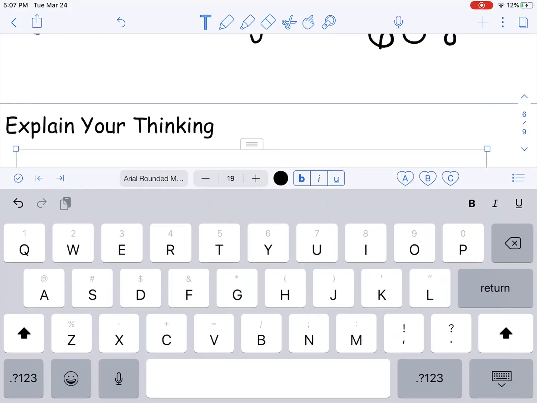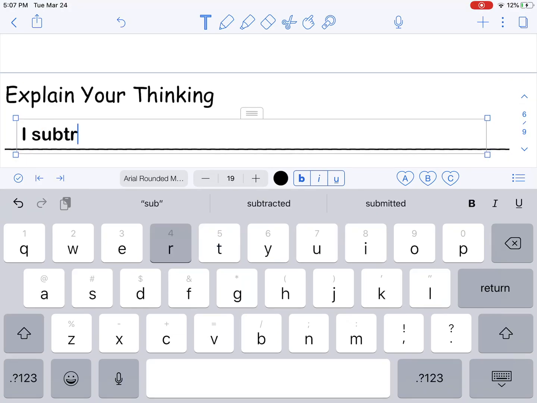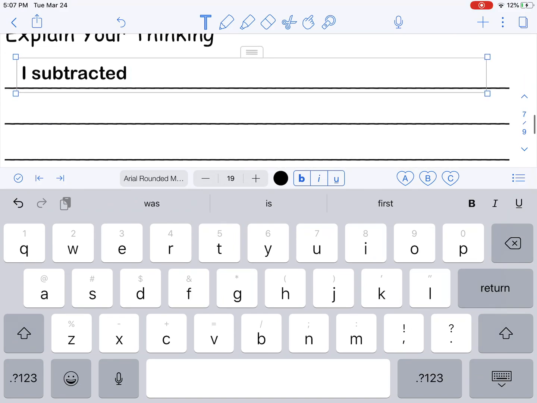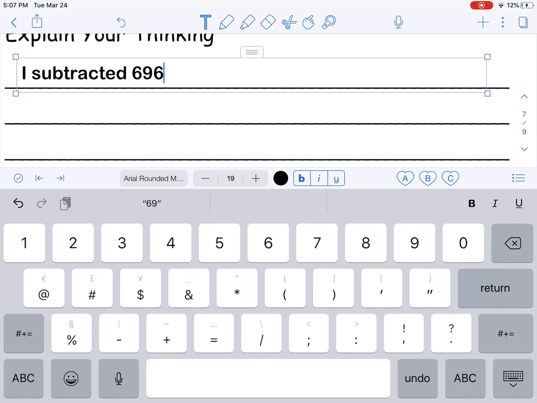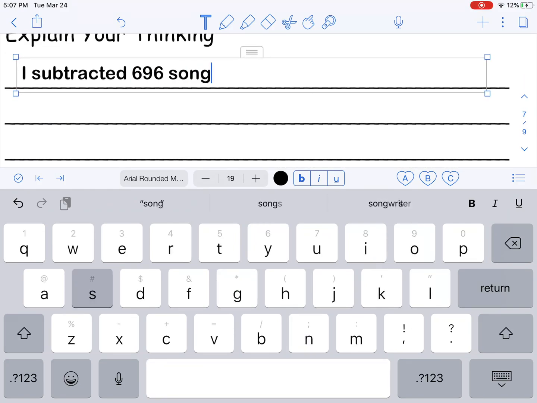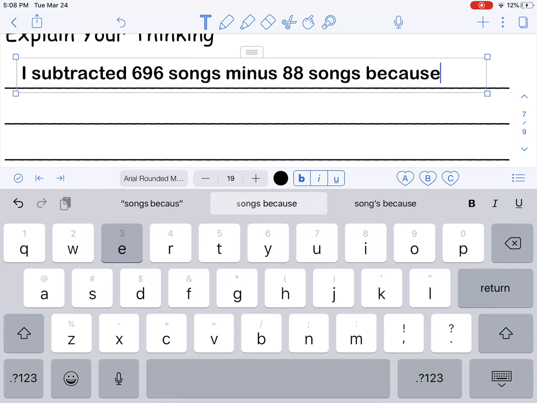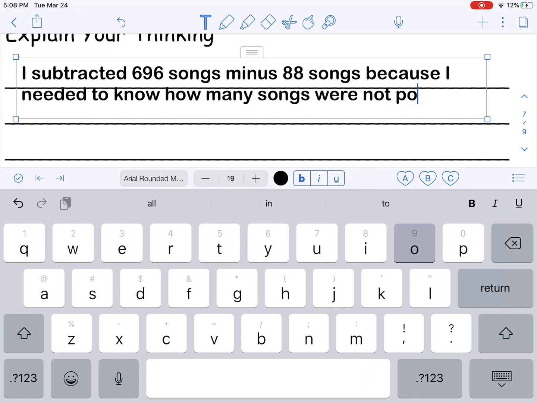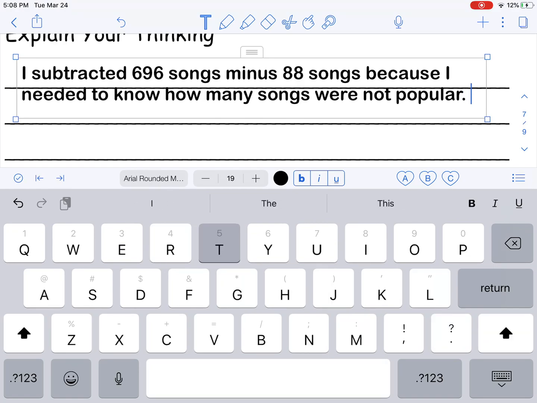Okay, explanation time. I subtracted 696 songs minus 88 songs because I needed to know how many songs were not popular.